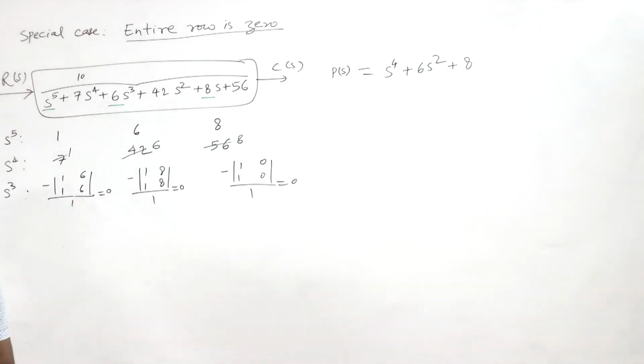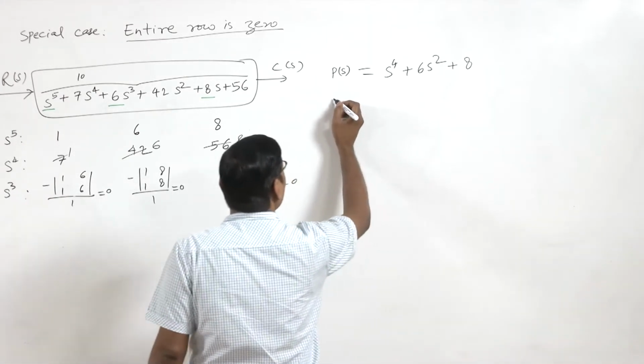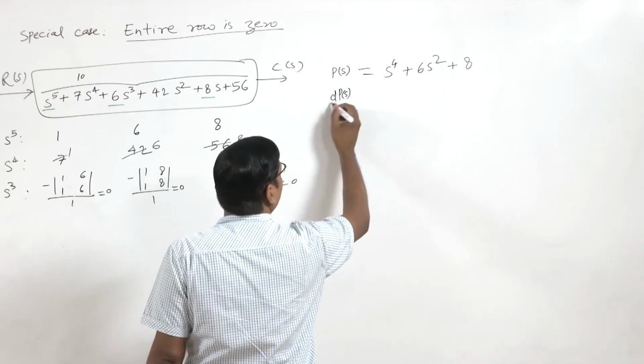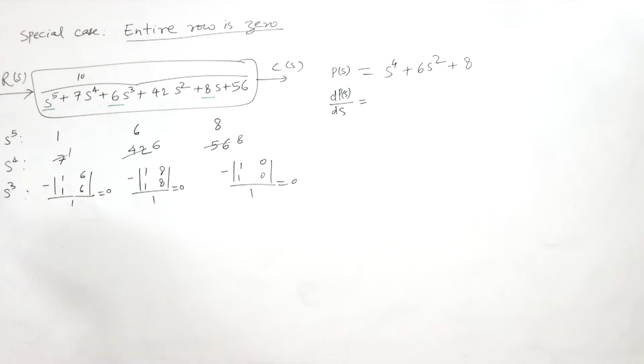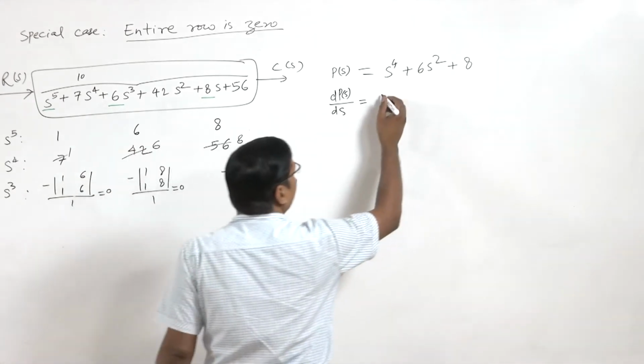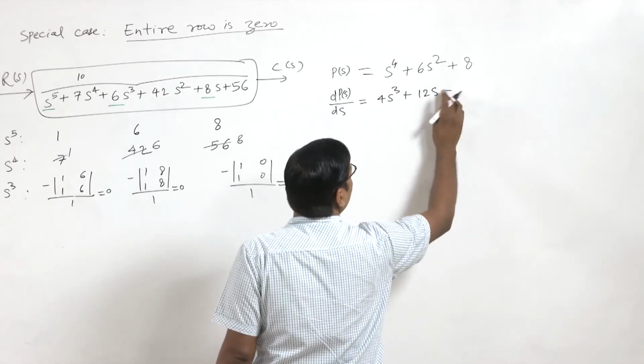There is this even polynomial present here, and so we will take dP by ds. That gives 4 s cube plus 12 s plus 0.